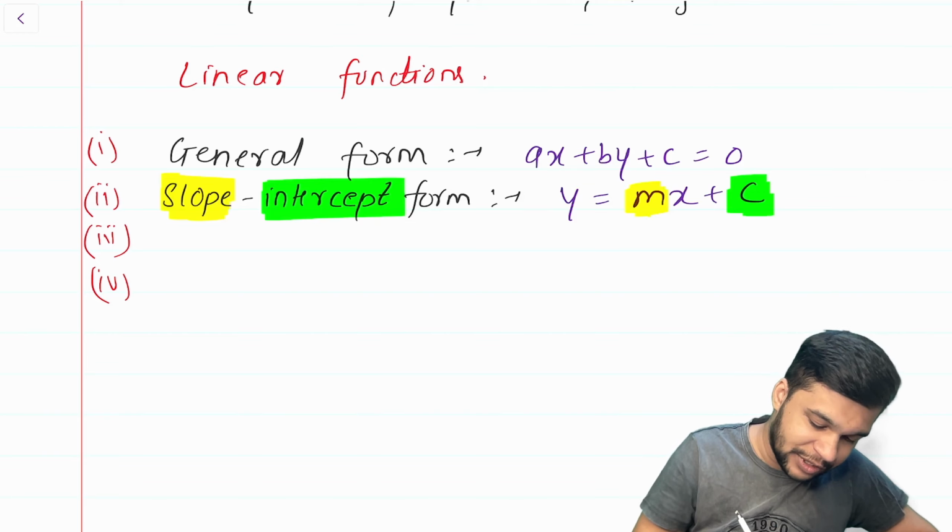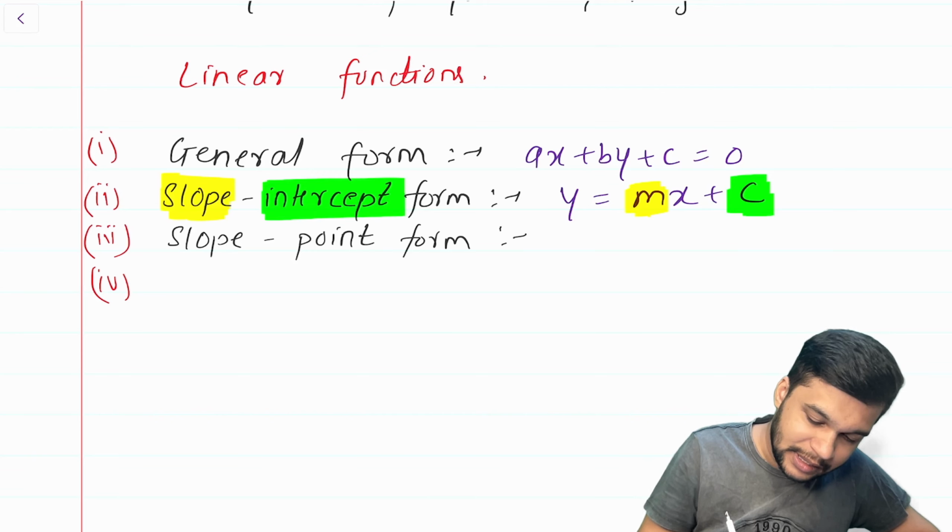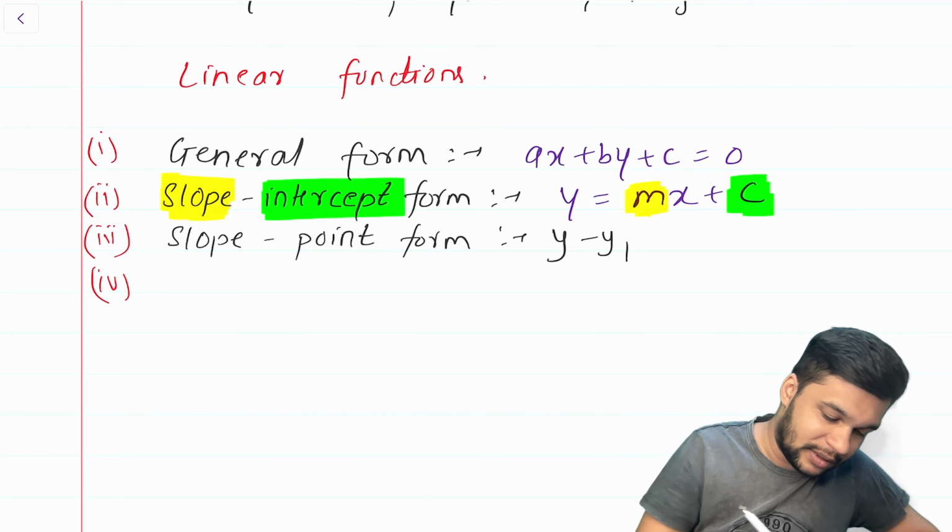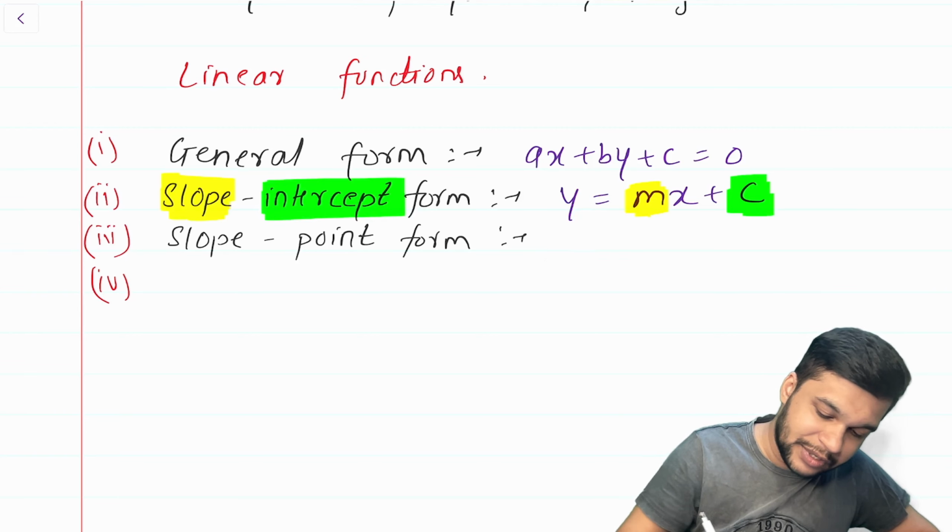You have another form, which is the slope point form, which is y minus y1 equal to m times x minus x1.